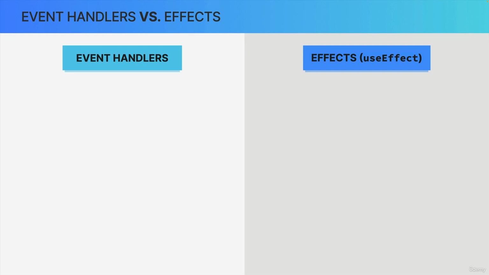And let's go back to the example of fetching movie data that we have been using. So fetching movie data is very clearly a side effect because it's clearly an interaction with the world outside the component. Now, there are two different possibilities of when we might want to create this side effect.